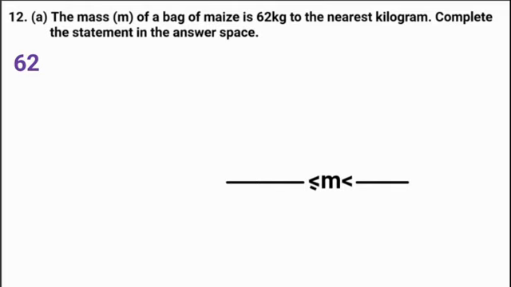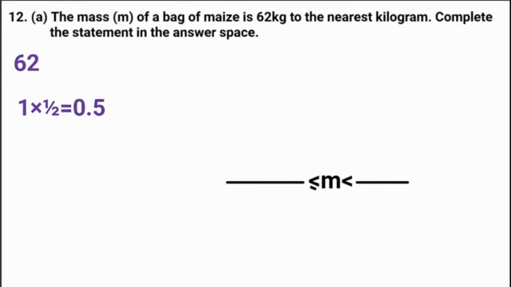When you go to the statement, you see that it's written to the nearest kilogram. So here the smallest unit is 1 kg, so we're going to write 1 here. Then we multiply this 1 by half, 1 over 2, and the product is 0.5.